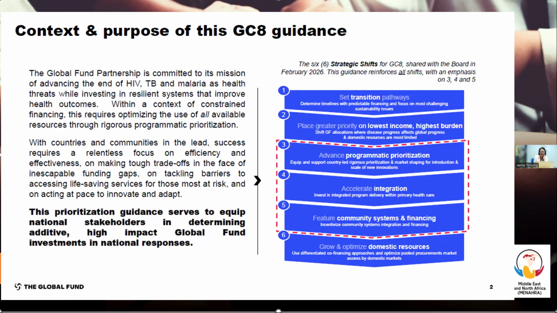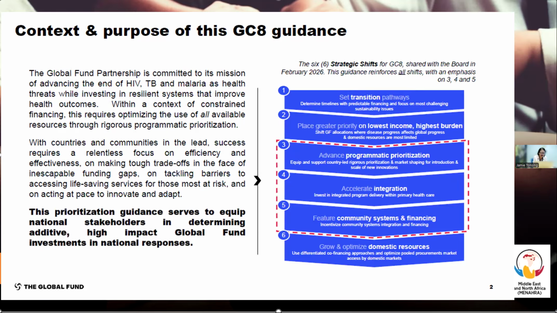In the guidance for the funding request, we want to see more focus on shifts 3, 4, and 5. First, programmatic prioritization. Because we have less money compared to other years, it has become even more important to prioritize. We are also looking at integration as a way to be more efficient and more sustainable in the future.